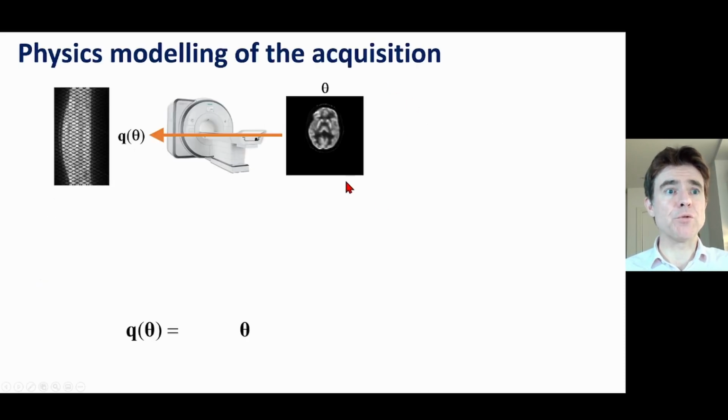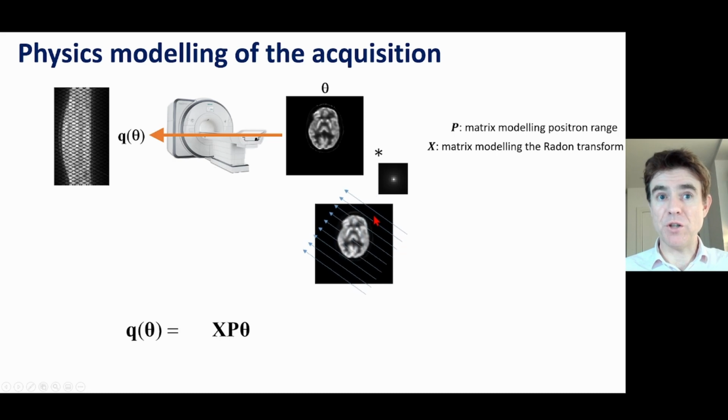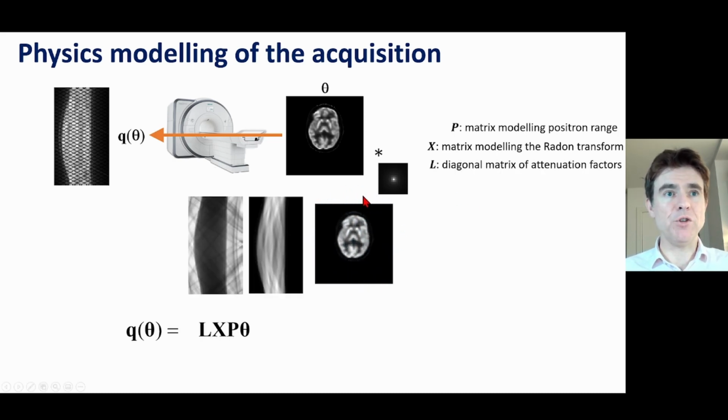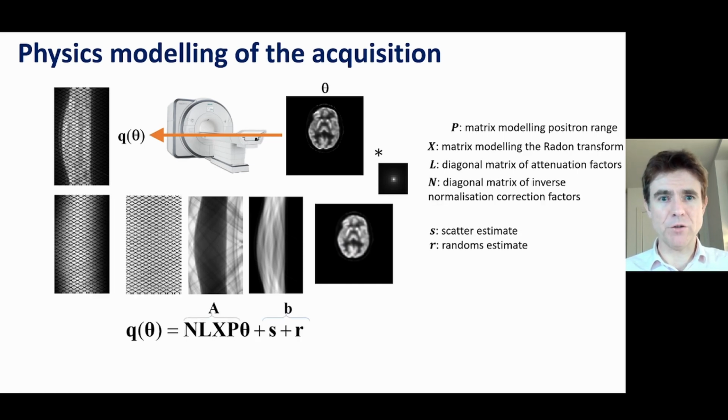And so this is the improved physics modeling of iterative reconstruction. You may recall before we just had a radon transform under consideration for inversion, for filtered back projection. But here what we can do with iterative reconstruction is easily build in a kernel to model positron range, and then we can build in the radon transform, for example, if we trust that for the geometric model, and then we can build in attenuation, normalization, build in scatter and randoms, and end up with quite a sophisticated model of the physics of the acquisition process.